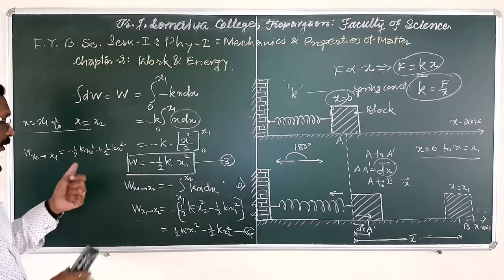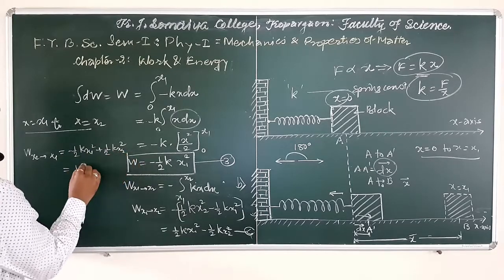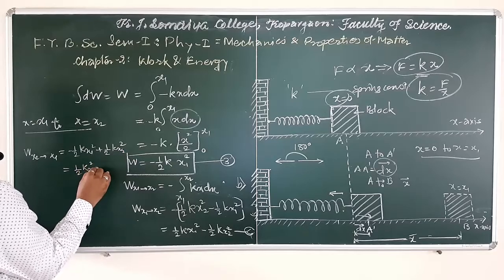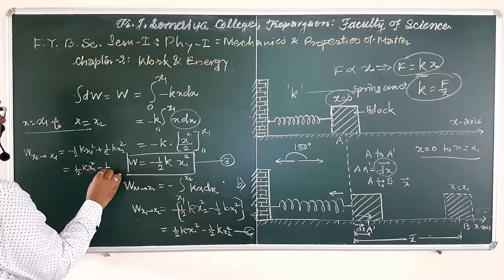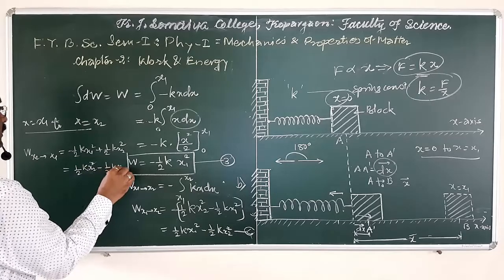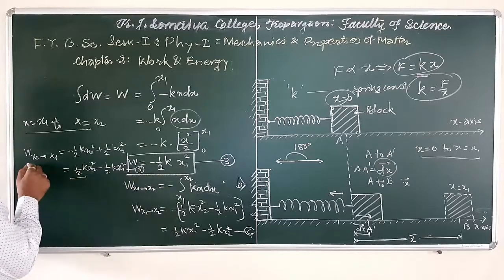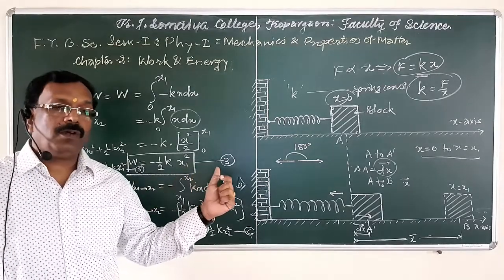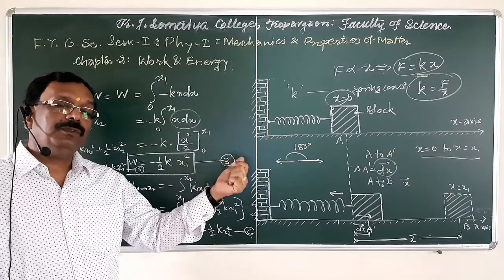Okay, or this is 1/2 k x2 square minus 1/2 k x1 square. Suppose this is equation 5. This is the work done when the block is brought back from x2 to x1.